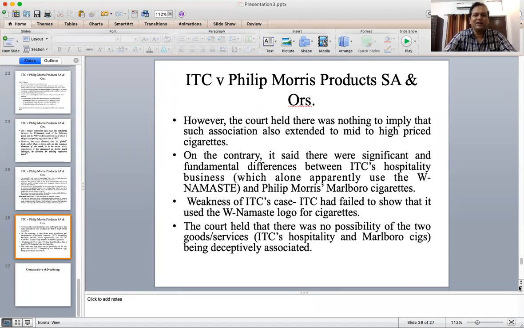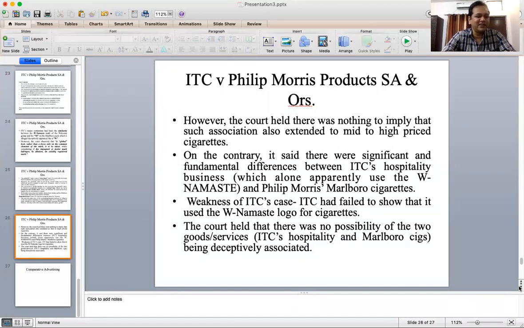However, the court held that there was nothing to imply that such association also extended to mid to high priced cigarettes. So the court was very much satisfied and said that there were significant and fundamental differences between ITC's hospitality business and Philip Morris Marlboro cigarettes.